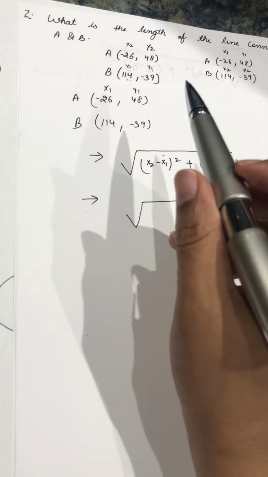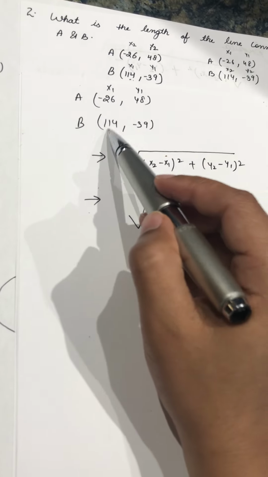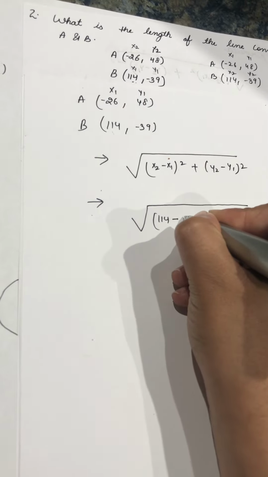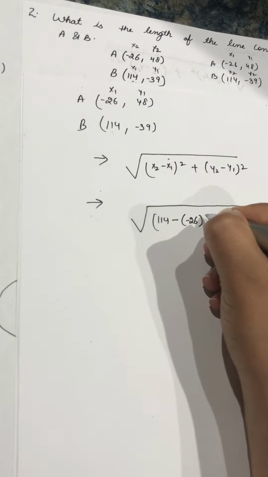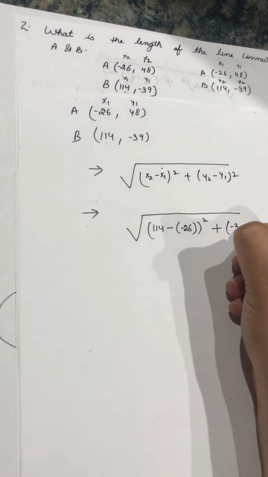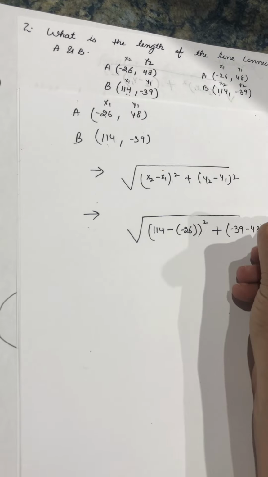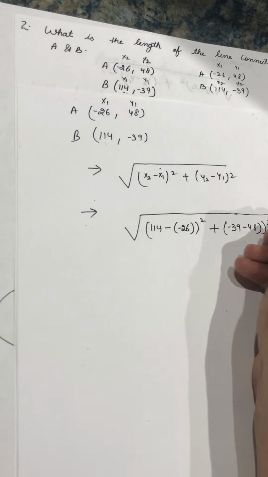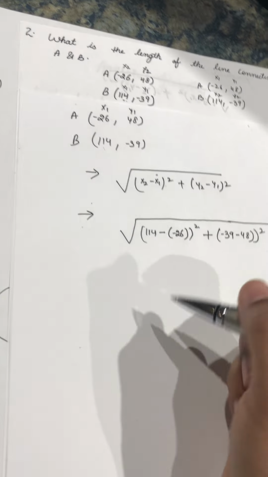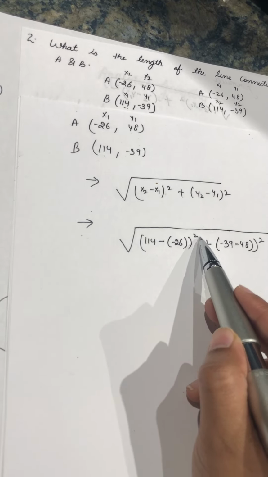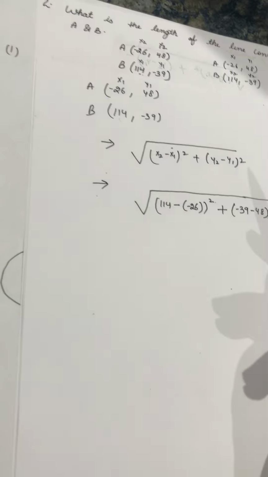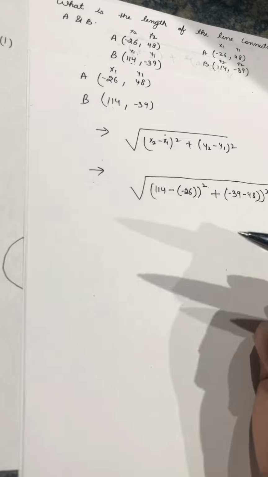Our x2 is now this. So 114 minus minus 26 whole square plus minus 39 minus 48 whole square. As I told you, this won't affect the numbers, because with the whole square it's always going to be positive, whatever it is.